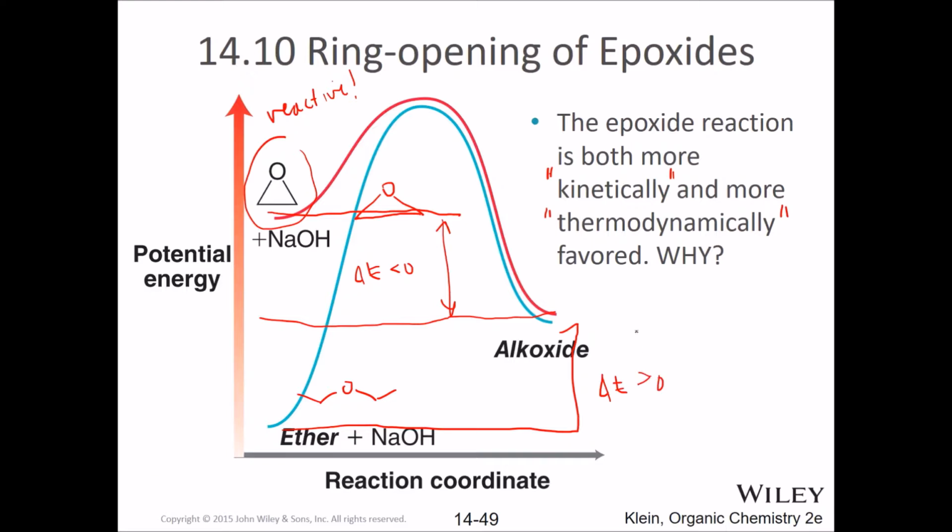That means it's uphill. So that would mean this is endergonic or endothermic. I didn't say anything about the entropy, so let me just use endothermic, okay? That's endothermic, but this is exothermic. So thermodynamically, the epoxide is favored, because this is exothermic.